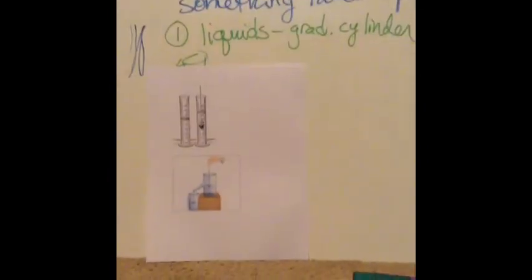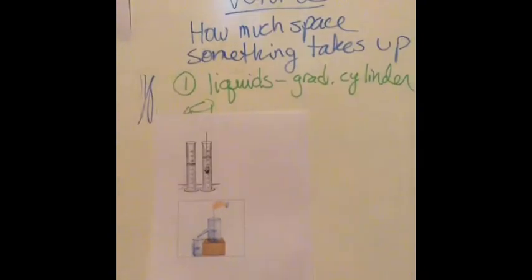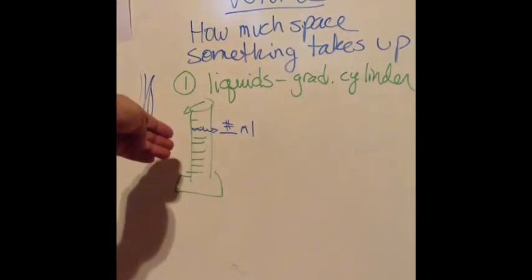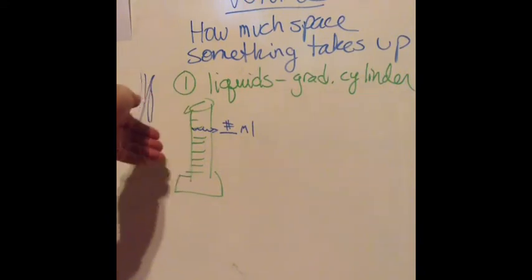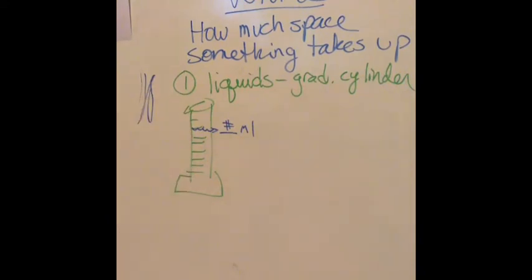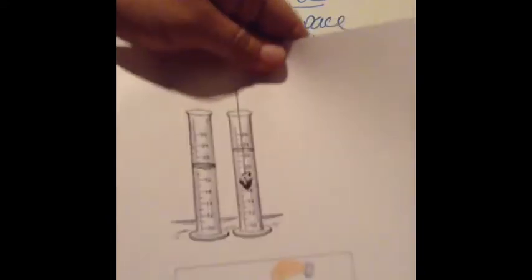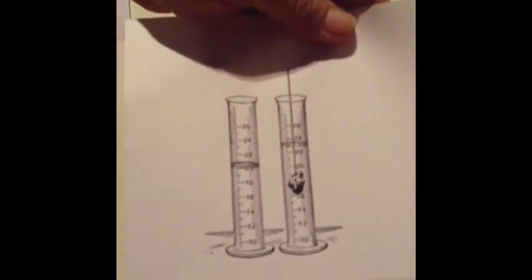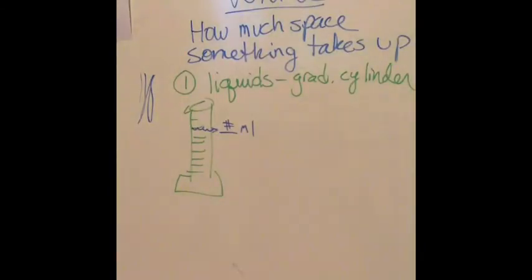But if you're just talking about liquids themselves, then just put the water or the liquid in the graduated cylinder, and that's your volume of the liquid. And this is taking the volume of an irregular shape using the liquid. Let's talk about another way to take the volume of something.